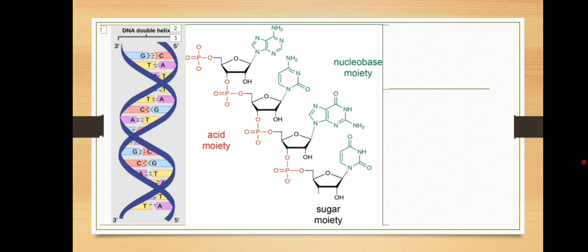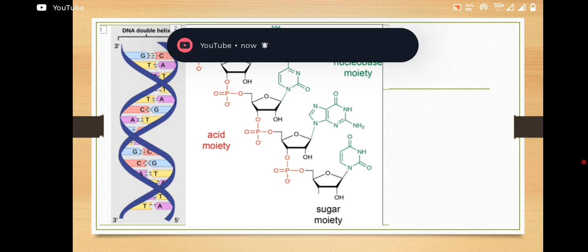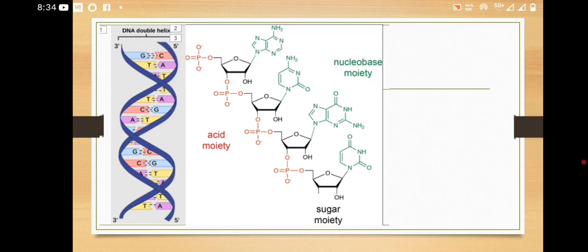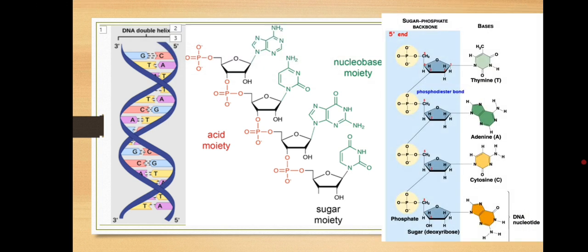Since the nucleotide structure is continuously repeating, we call it a polymer of nucleotides joined together by phosphodiester bond.